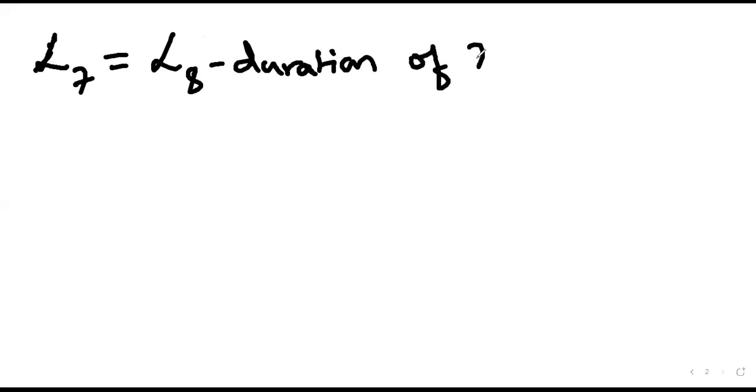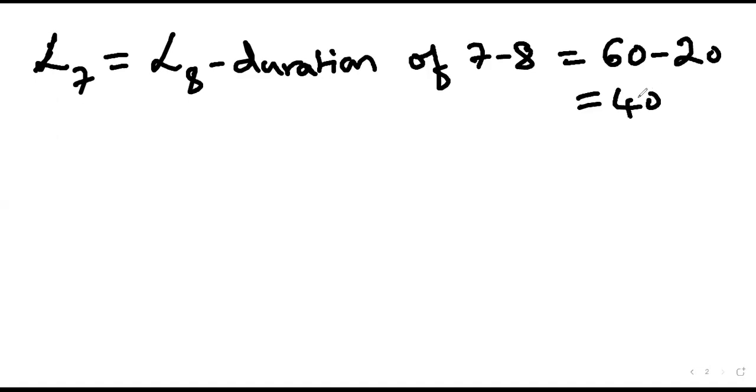L7 is equal to L8 minus duration. Have we calculated L7 in our previous class? Yes, sir. So what was L8? L8 is 60. 60 minus the duration of 7-8, which is 20. That means we have to complete the activity 7-8 on the 60th day.